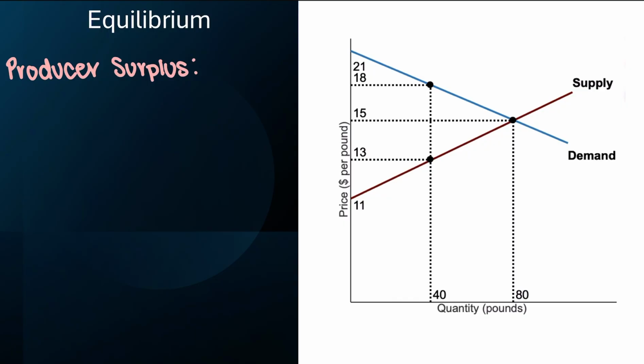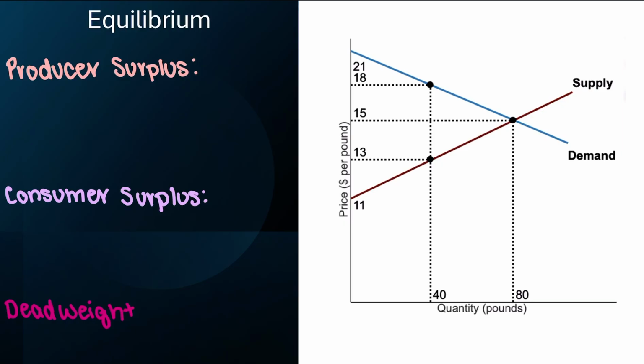Consumer surplus is the price that a consumer would be willing to pay for a good or service and the price they actually pay. It's that difference. And then deadweight loss is the loss in efficiency due to an economy not being at equilibrium.